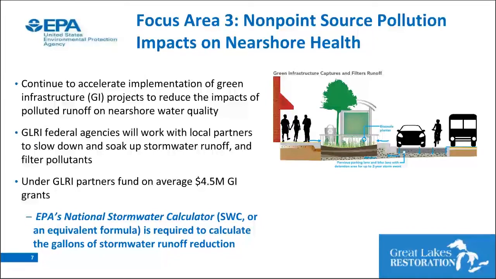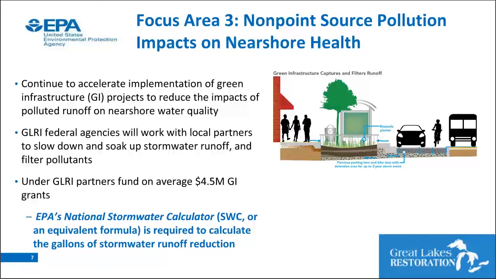So the Stormwater Calculator comes into play mostly in Focus Area 3, the non-point source pollution impacts on nearshore health. In addition to the EPA, we also work primarily with the Forest Service, Fish and Wildlife Service, the U.S. Geological Survey, the Bureau of Indian Affairs, and the Army Corps within Focus Area 3.